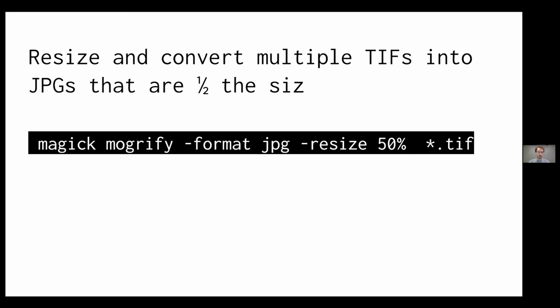You specify the format to be JPEG, you specify the new size to be 50%, and then the input files, you're providing wildcard.tiff, which means every tiff inside of the current directory will be the input for the modification.